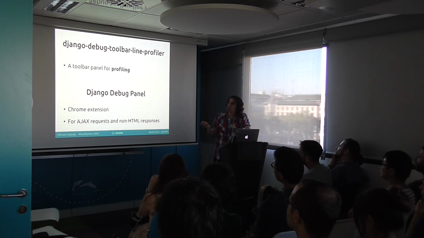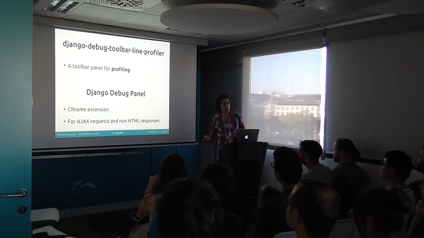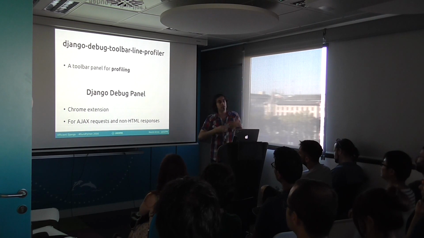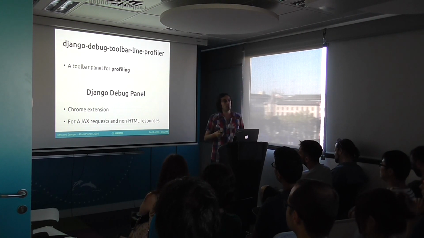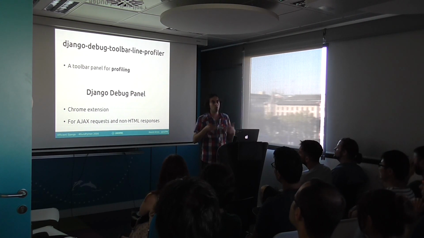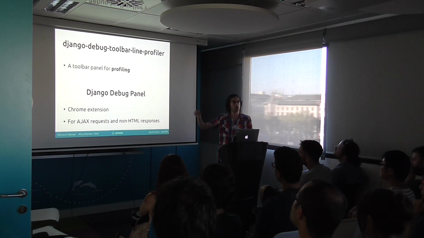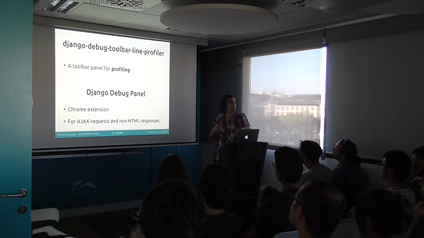So the Django debug toolbar and the Django debug panel are very similar. The difference here, the naming is not very good, but the difference is that the debug toolbar works for HTML views. Okay, if you have the typical web application with HTML, you will get the sidebar at your right with everything. But what if you are using API calls?